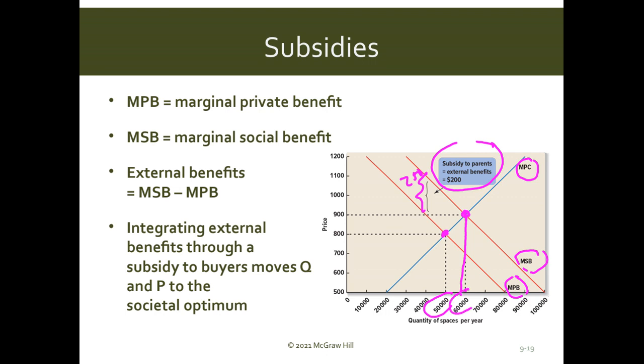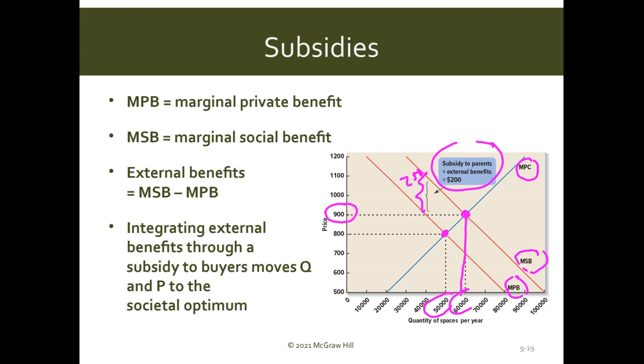But who is benefiting? Although the subsidy is provided to the parents, both schools, that is producers, and parents will benefit. How? From this diagram, you can see the equilibrium price has gone up from 800 to 900.